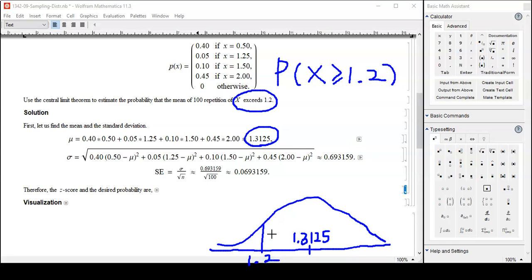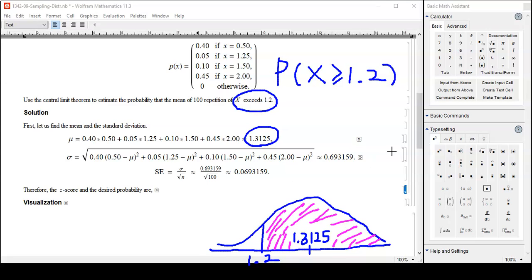Can everybody read this here? And then shading is to the right, because I want X greater than 1.2. So that's what we want.